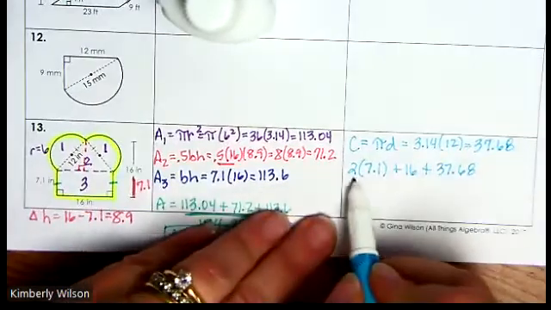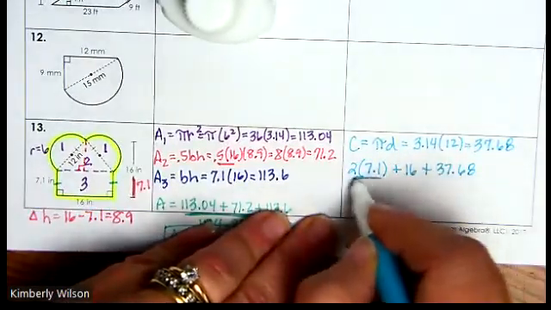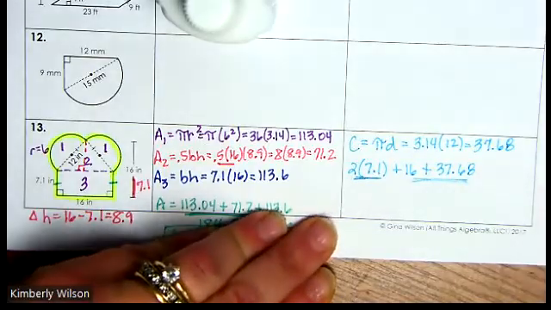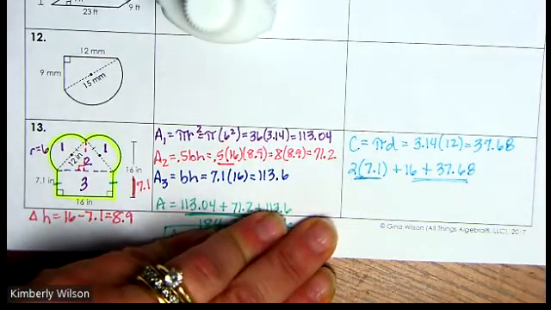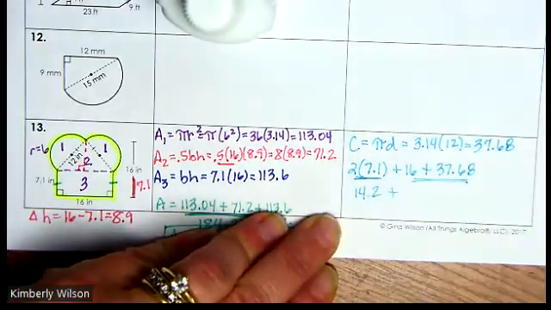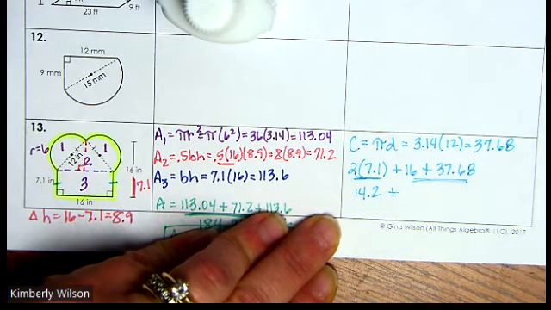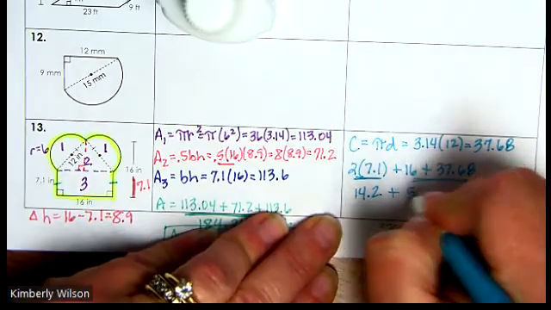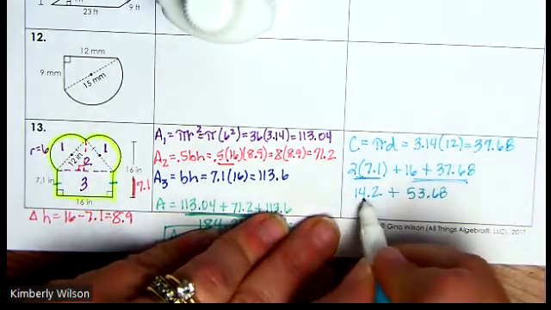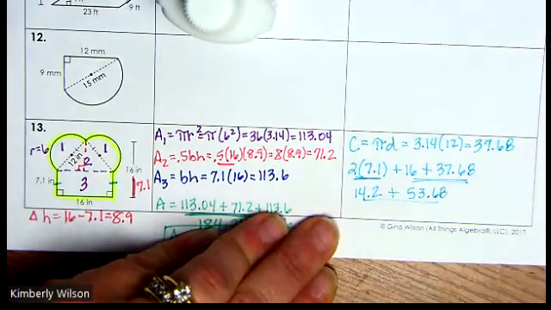Okay, so I'm going to do this multiplication, and I can also do this addition. 2 times 7.1 gives me 14.2 plus 16 plus 37.68, which gives me 67.88. And then we add those two together.